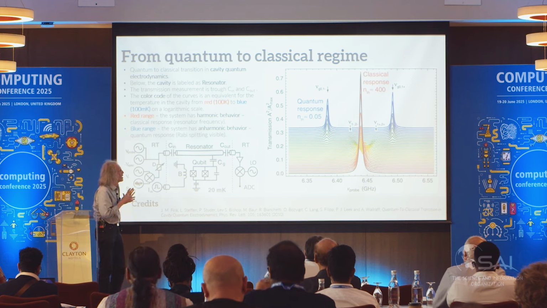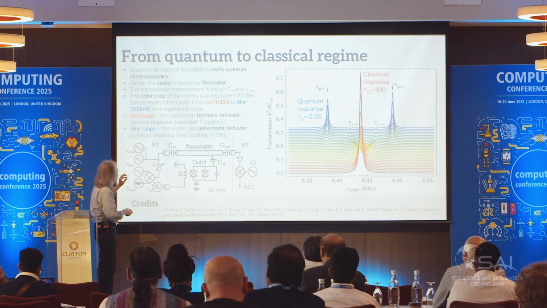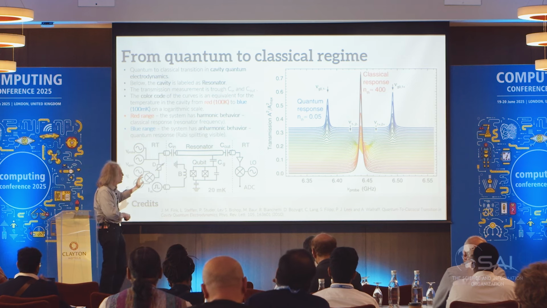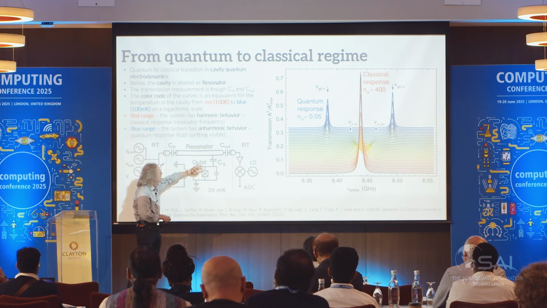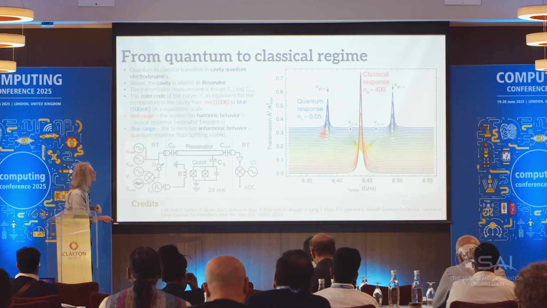If you now lower your temperature and you have very, very low power here, then at a certain time you will see the modulation. And this is actually what we see here.